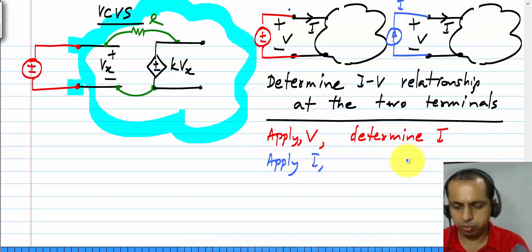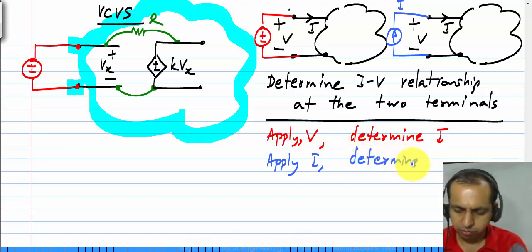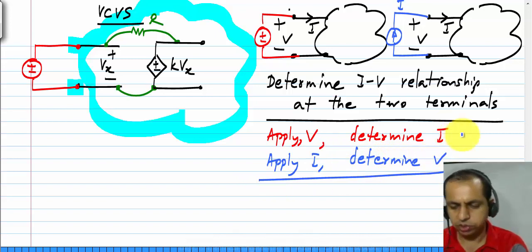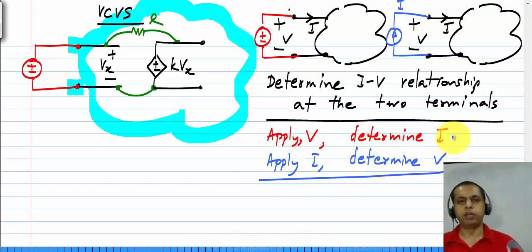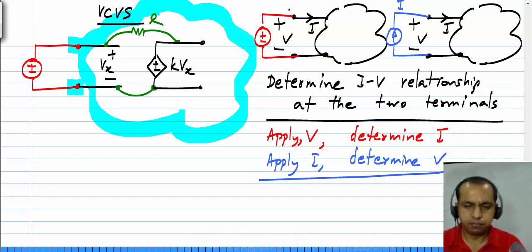Some of them are more convenient in some contexts, but the two are perfectly equivalent. Once you do this, you know the relationship between V and I, and you will be able to tell what the equivalent circuit is.